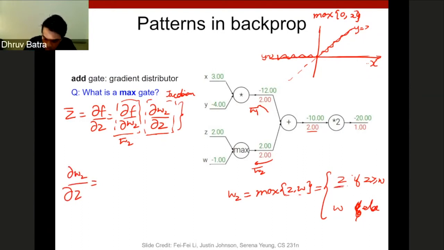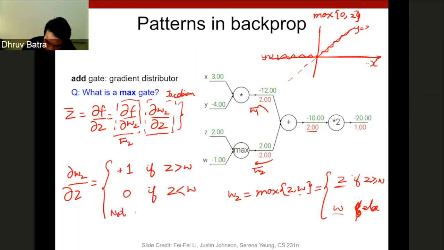W2 equals Z is just a straight line, and W2 equals W does not depend on Z. So I can just piecewise analyze that this is equal to +1 if Z is strictly greater than W. It is 0 if Z is strictly less than W, and it is not defined if Z is equal to W. Right? So I can just write down three cases.